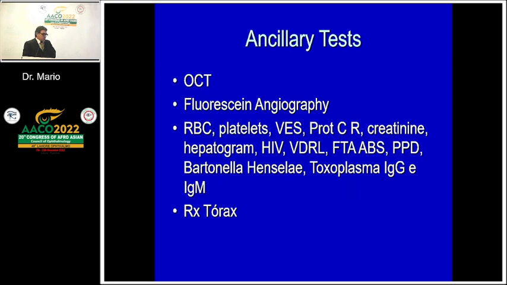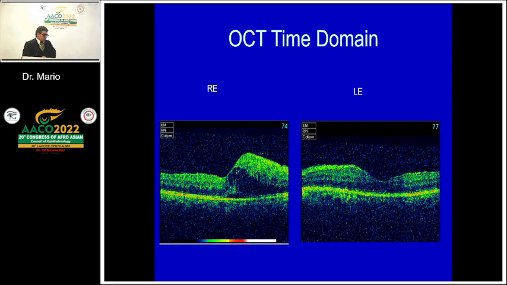The ancillary tests: we did OCT, fluorescein angiography, and a battery of tests looking for something, the hepatogram, creatinine, for cat scratch we looked for Bartonella, and just in case, toxoplasma. The X-ray was also just in case, but we didn't have anything clear about this patient.